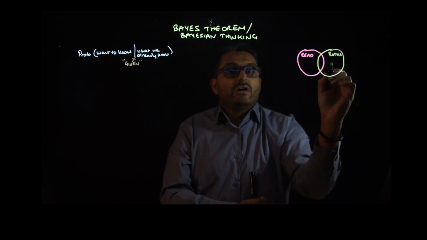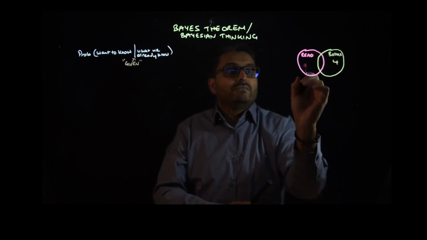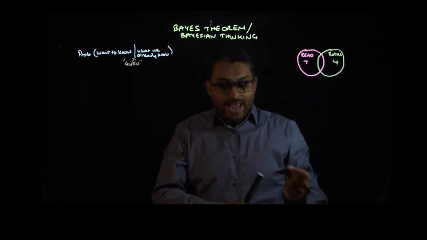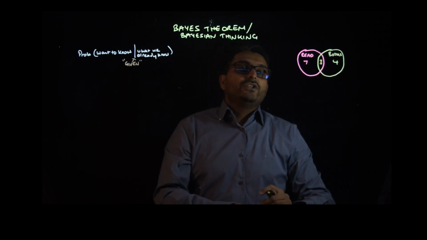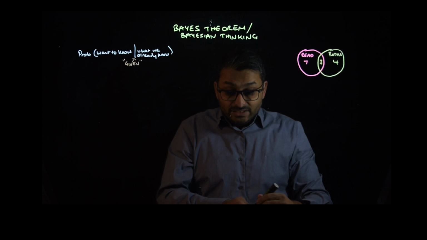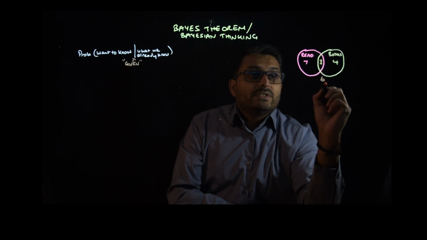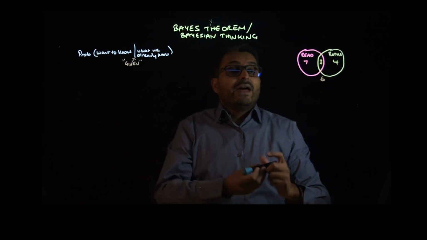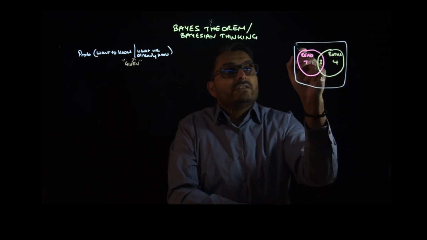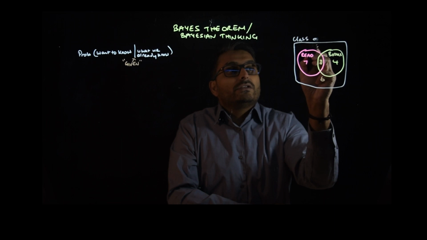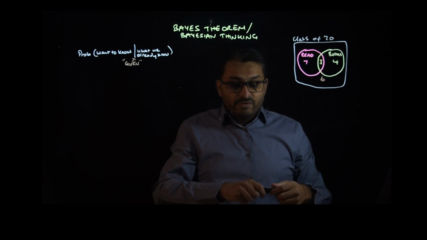So there are 4 students that own books, there are 7 students that like to read, and in a different colour, let's say there are 3 students that own books and like to read. And there are also 6 students that don't own books and don't like to read. So this is my class of 20 students.